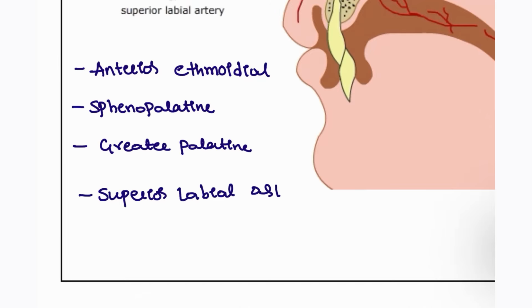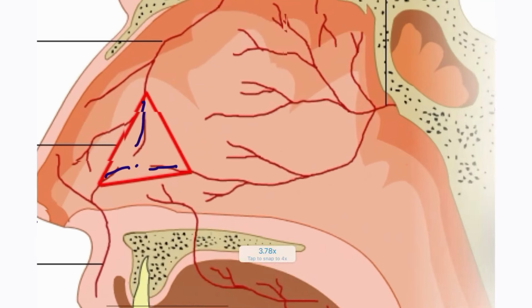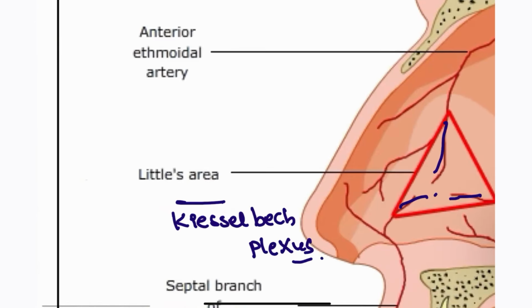So these four supply Kiesselbach's plexus. This is the anastomosis that you can see. The location is present at the anterior inferior septum, commonly seen in children.